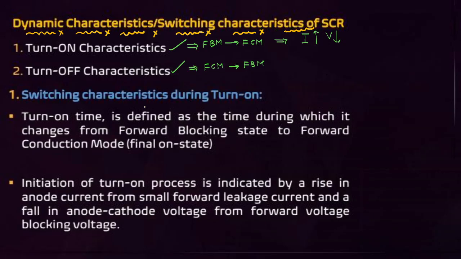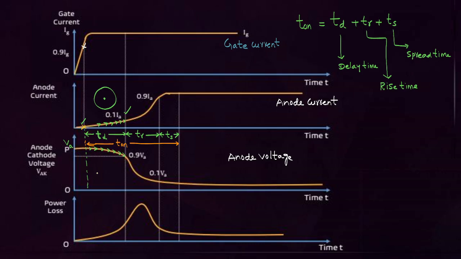From these switching characteristics, you have to concentrate on important observations. The switching characteristics are again turn on characteristics and turn off characteristics. Friends, we know that turn on is nothing but bringing the SCR from forward blocking mode to forward conduction mode. Turn off is nothing but bringing the SCR from forward conduction mode to forward blocking. First, we have to concentrate on turn on characteristics.